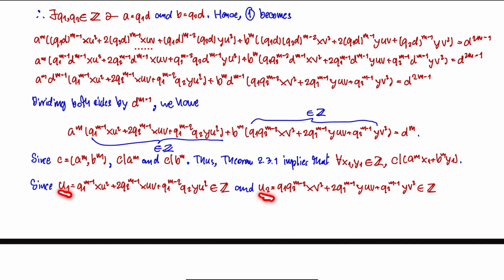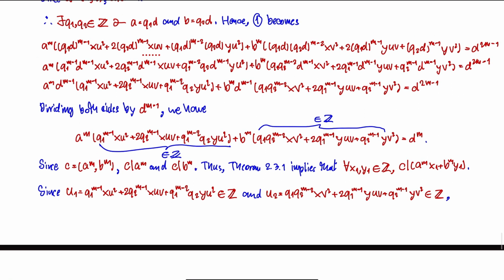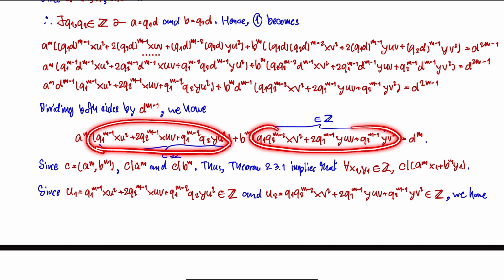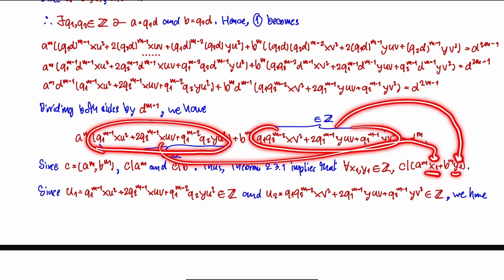That means that we can plug in these big integers into x1 and y1.